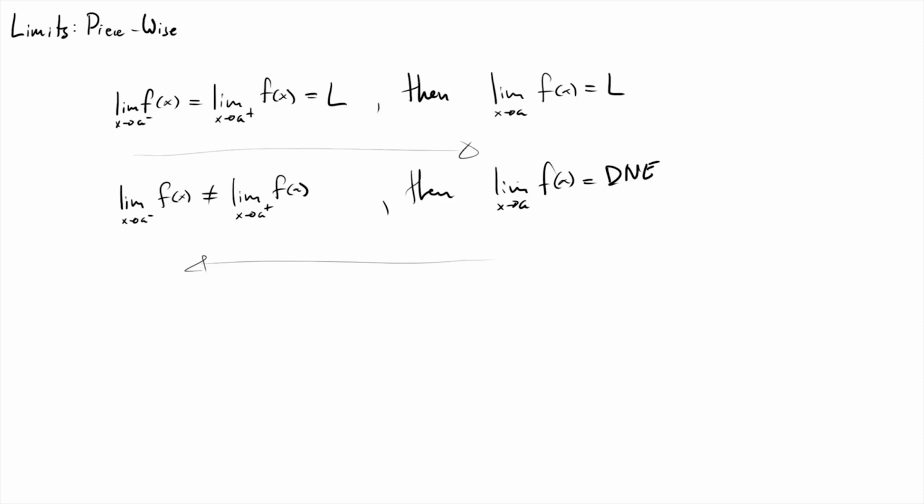And same thing for this one: if the general limit as x approaches a of f of x doesn't exist, then the limit from the left and the limit from the right either don't exist, or they are not the same. That's what this says on the left. These rules work backwards as well, and we're going to use that to help us solve piecewise limits.